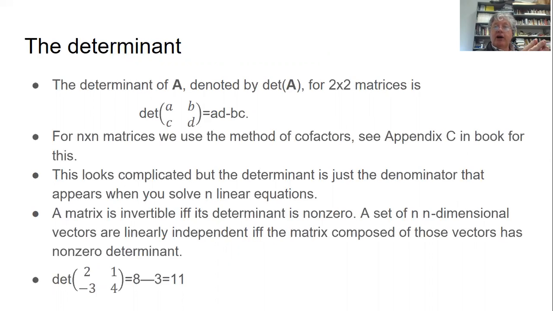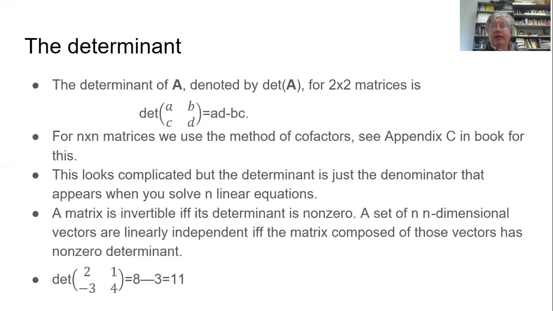The same is true for higher dimensions. For a 3 by 3 matrix, you've got a unit cube transformed by the matrix into a parallelepiped maybe, and the determinant is the volume of that. Higher up, it's the n-dimensional volume of the transformed n-dimensional cube.